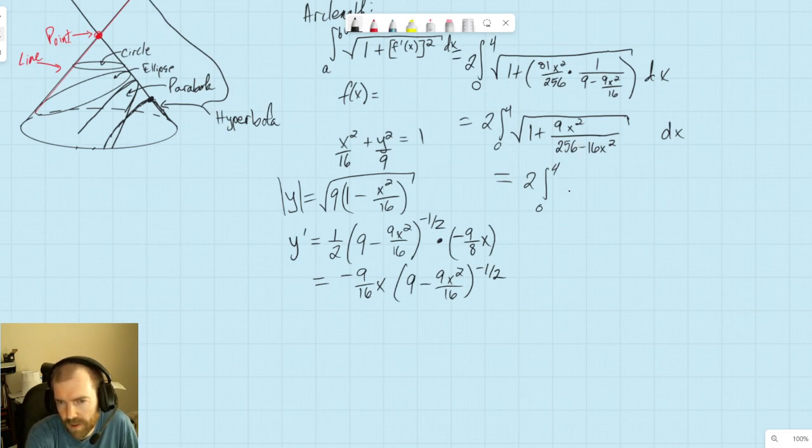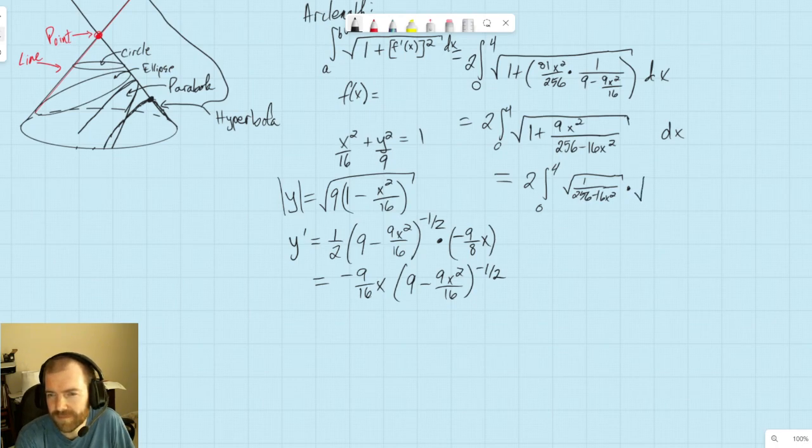So in theory, pull a square root of 1 over 256 minus 16x squared. I'm sure this does not work entirely at all whatsoever, but square root of 256 minus 16x squared plus 9x squared.